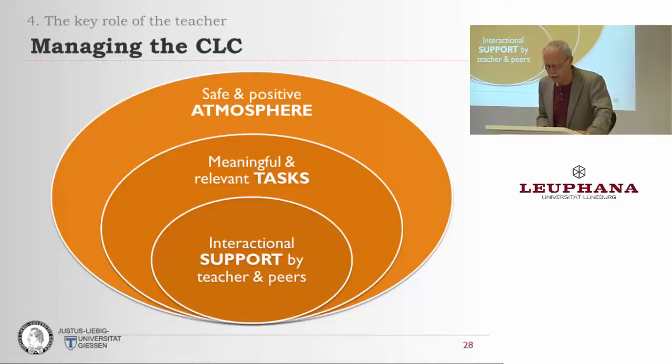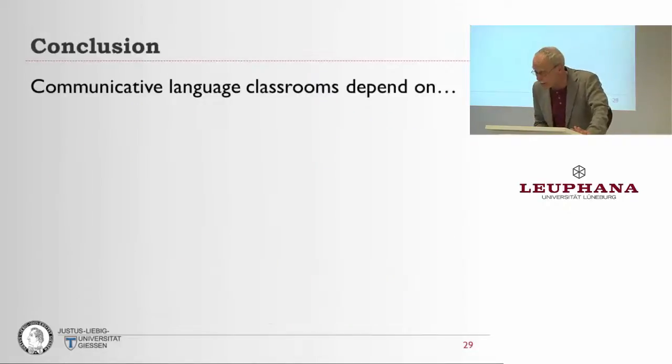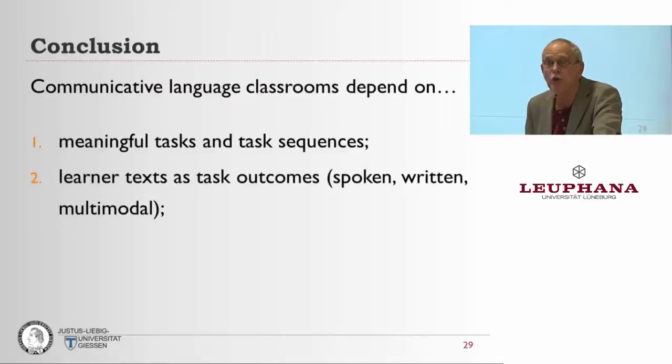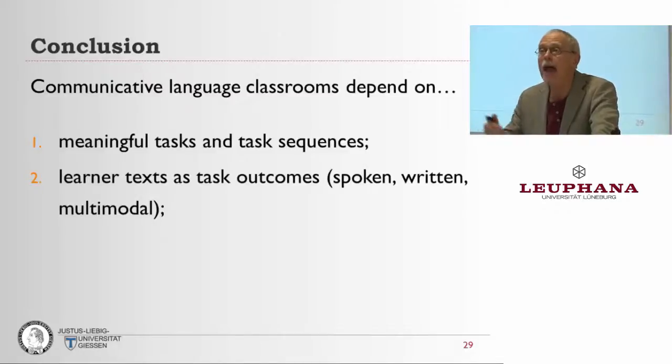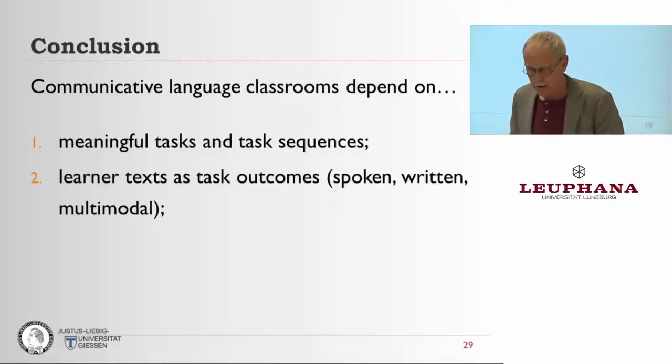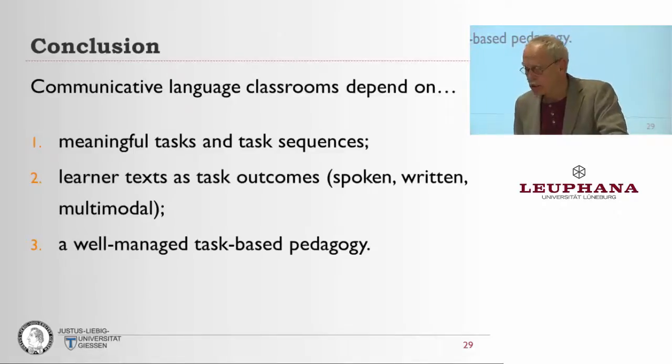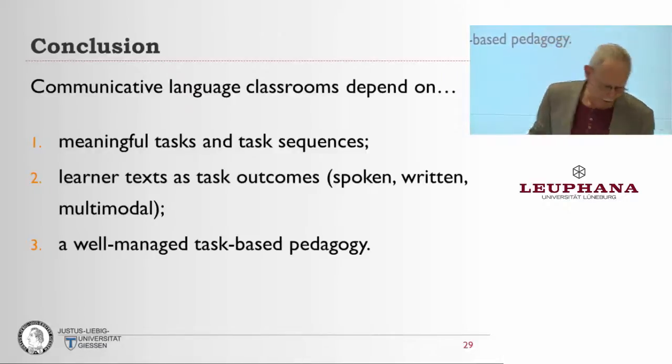In conclusion, I could say that research in and observation of successful language learning strongly indicates that the communicative language classroom is a classroom characterized by meaningful tasks and task sequences, which have as their outcome learner texts, both spoken and written, and multimodal texts as well, and which are facilitated through a well-managed, task-based pedagogy.